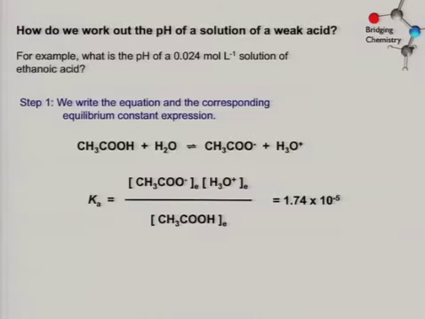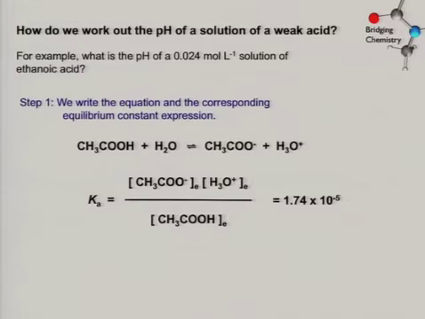Okay, so here's the equation. So ethanoic acid is CH3COOH plus water, and that forms an equilibrium with CH3COO minus, the acetate or the ethanoate ion, and H3O plus.